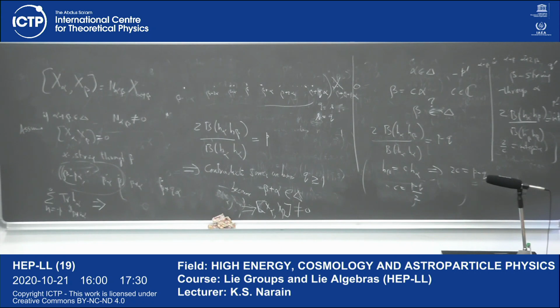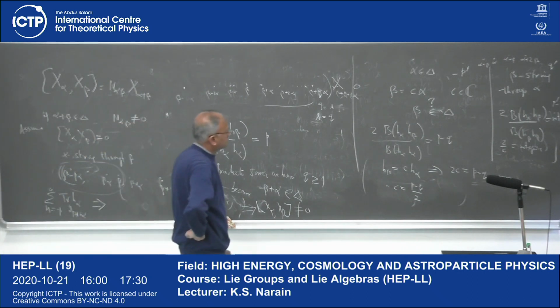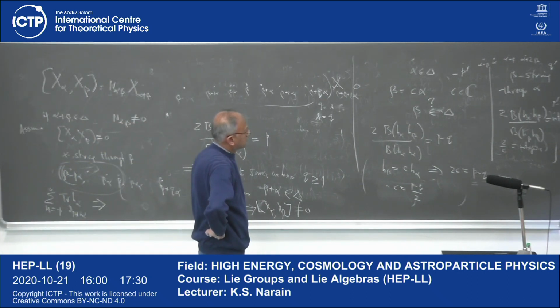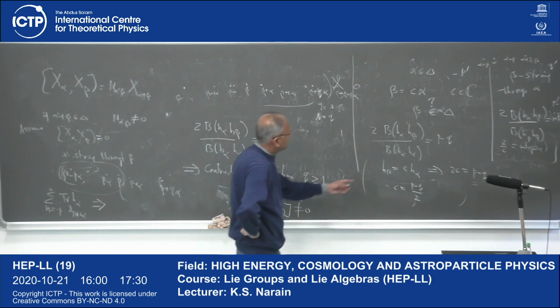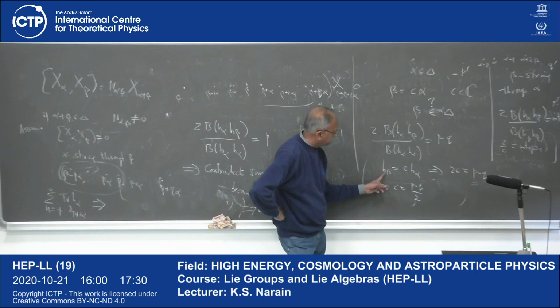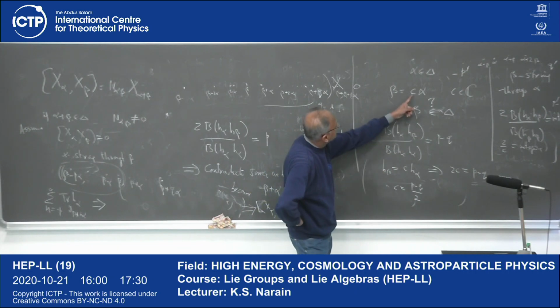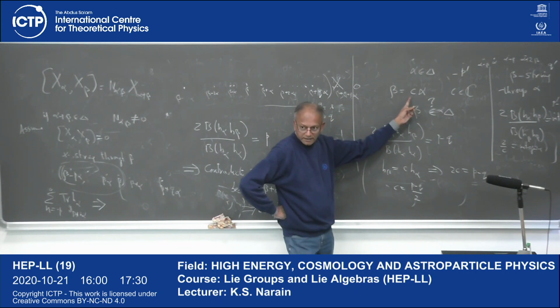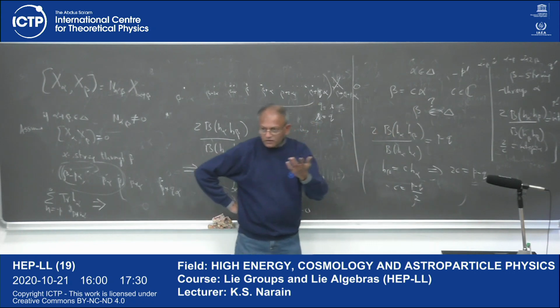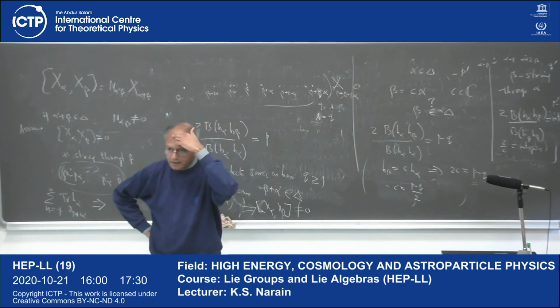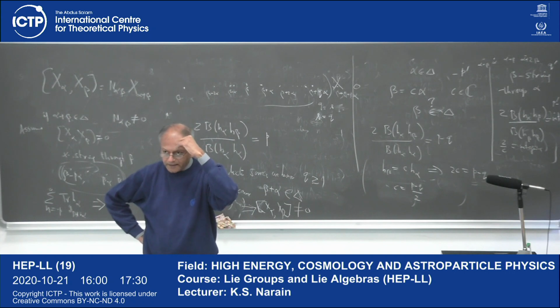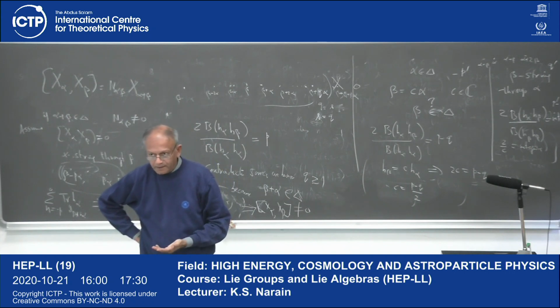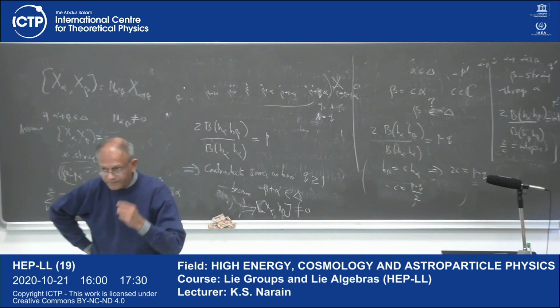Is it possible for C to be 0 for the second relation that we found? C equal to 0 simply means beta equal to 0, right? But beta equal to 0 is just the Cartan generator. It's the Cartan space, so that is always there. So from the beginning we know that.